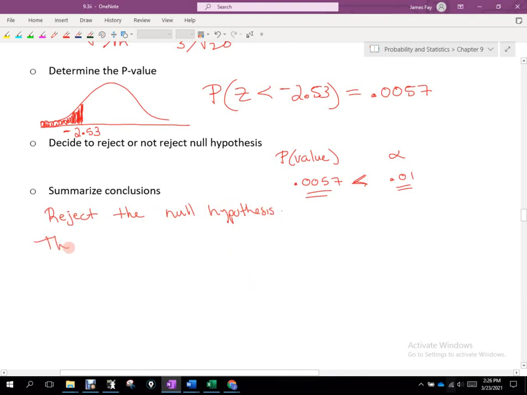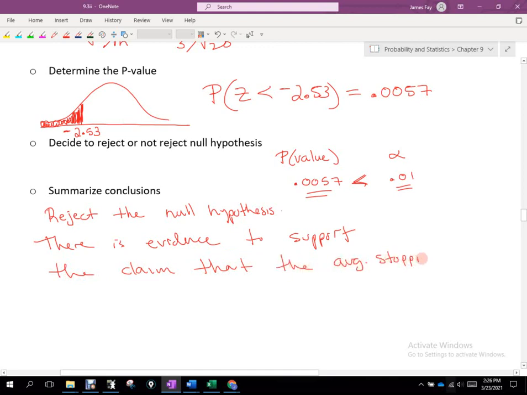We would say there is evidence to support the claim that the average stopping distance is less than 264 feet.